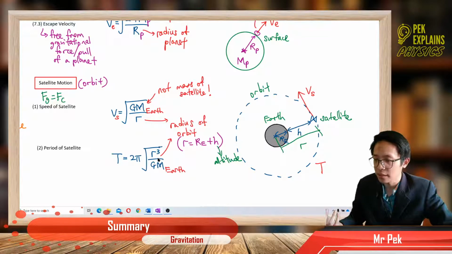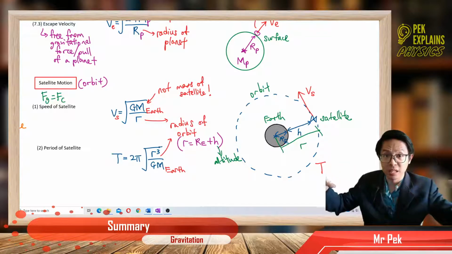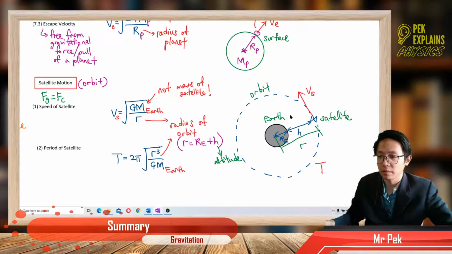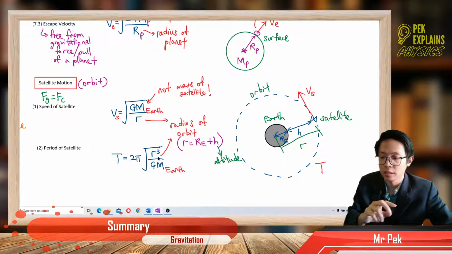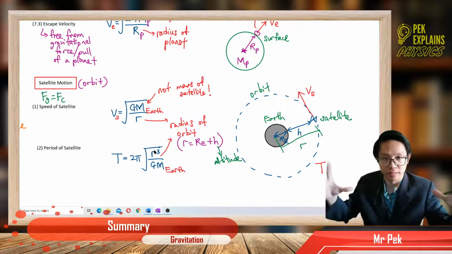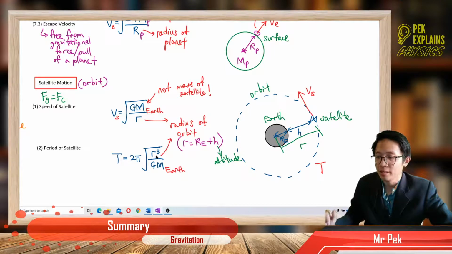So the bigger the orbit, the longer the time needed. It takes a longer time for the satellite to complete one revolution if the orbit is bigger. So r increases, period increases.